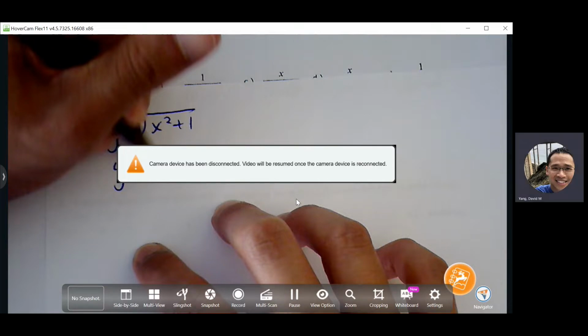Okay, so what rule do you think we have to involve if we want to find the derivative? Chain rule. Okay, so we're going to find our outside and inside portions, find their derivatives.